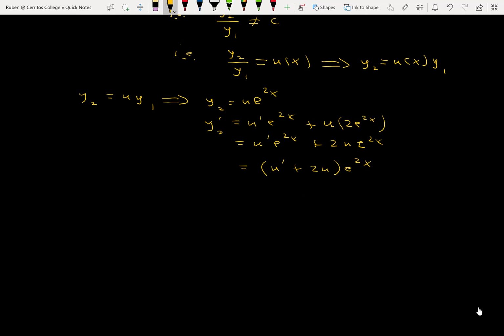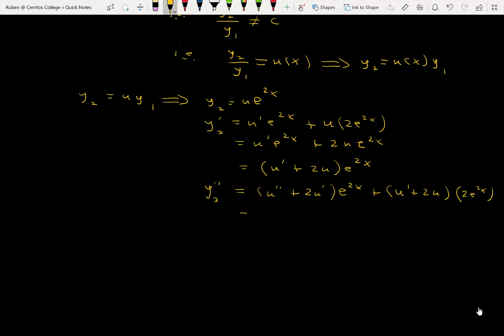So there's our first derivative of our second linearly independent solution. We're going to need a second derivative of y2 to substitute into our differential equation. So let's take a second derivative. Again using the product rule, the derivative of the first, u double prime plus 2u prime, times the second, e to the 2x, plus the first function, u prime plus 2u, times the derivative of the second function, 2e to the 2x.